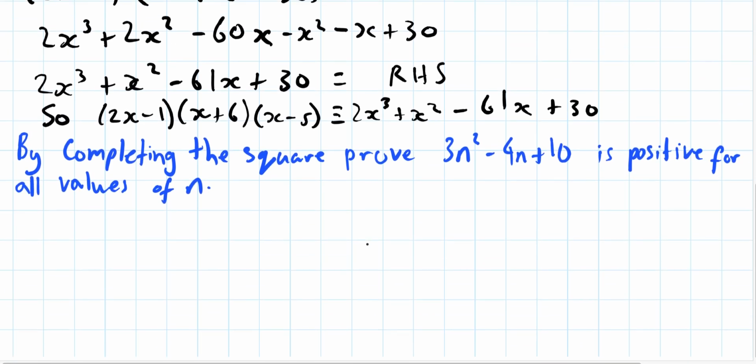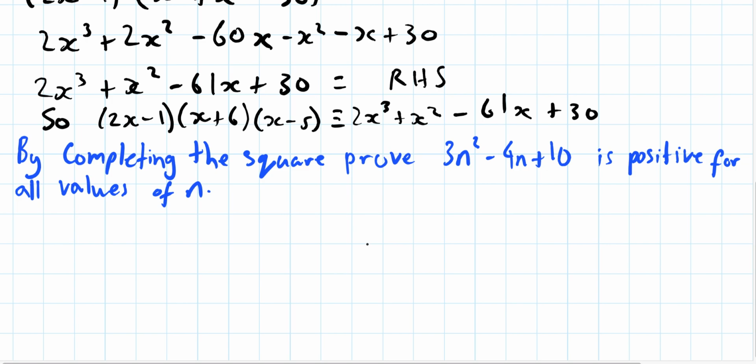Next up, you might be given this, asked to complete the square to find something, so they tell you a method to use, so we'll just do completing the square on this. We could just use the formula from our last videos on completing the square.